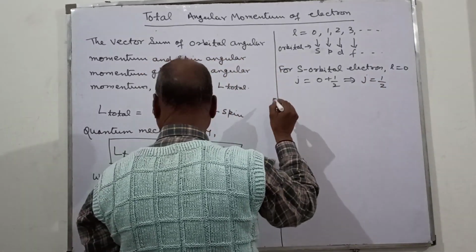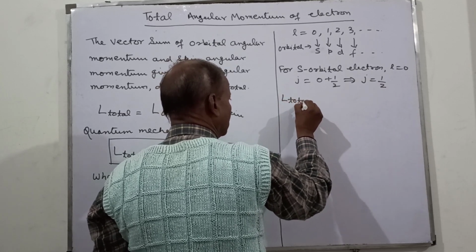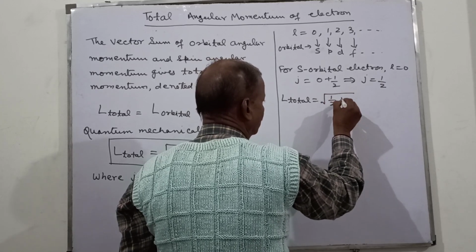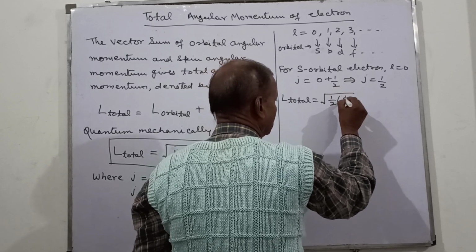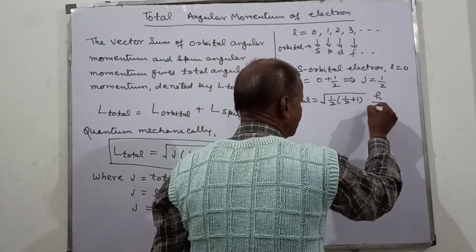So now this L total is equal to square root of 1 by 2 into 1 by 2 plus 1 into h upon 2 pi.